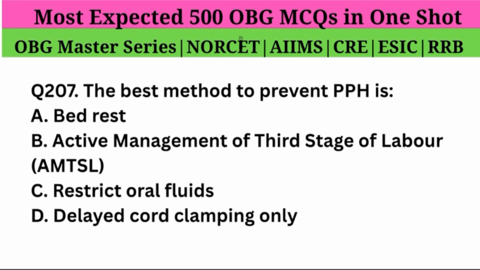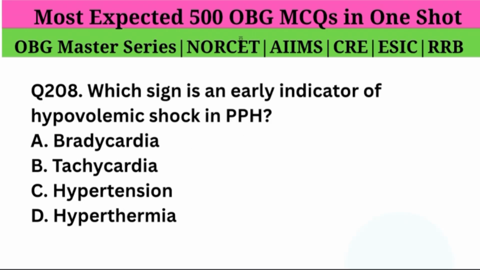Next question. The best method to prevent PPH is. Your correct option is option B, active management of third stage of labor or AMTSL. Next question. Which sign is an early indicator of hypovolemic shock in PPH? Your correct option is option B, tachycardia.